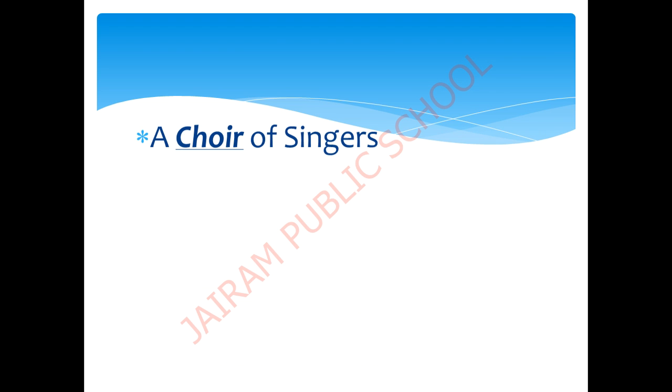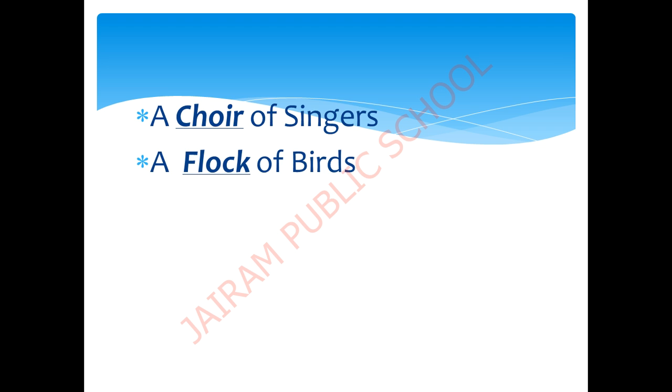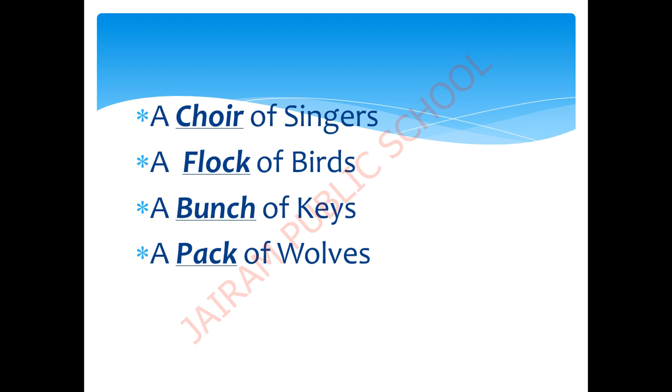For example, what is called a group of singers? A choir of singers. What is called a group of birds? A flock of birds. What is called a group of geese? A bunch of geese. What is called a group of wolves?